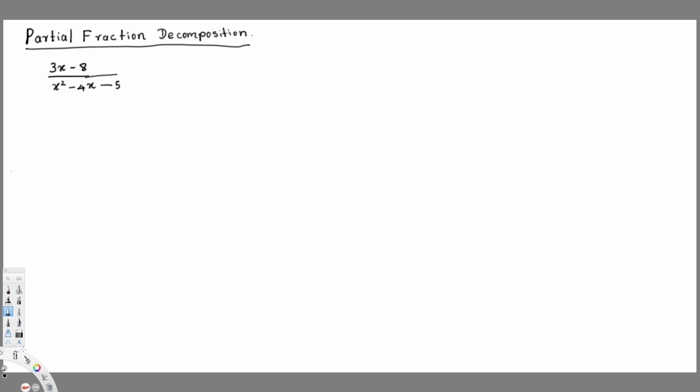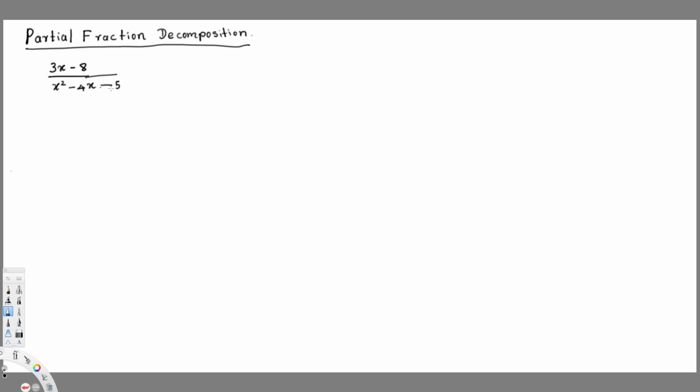So we have this one right here, so let's see how we can do the partial fraction decomposition for this one. So first thing we have to consider is that the denominator should be greater in degree than the numerator. That's the first thing we have to look at for these kinds of problems. And then we have to consider whether the denominator is factorable.